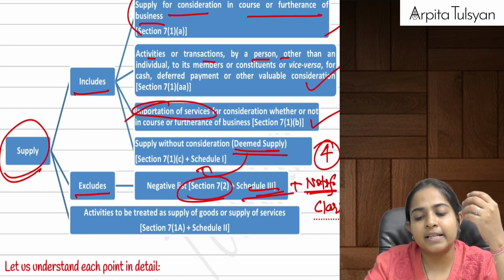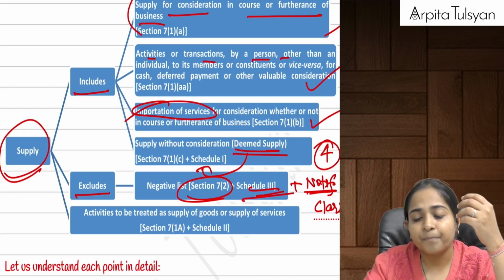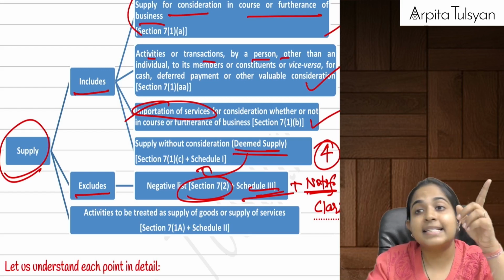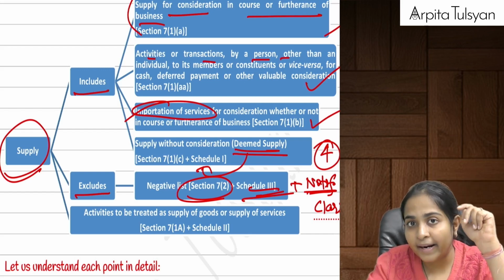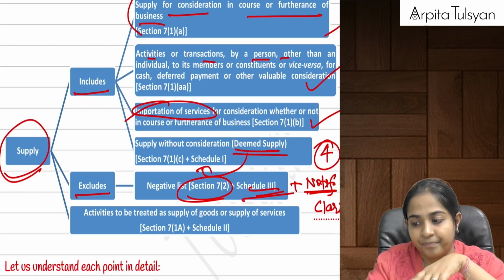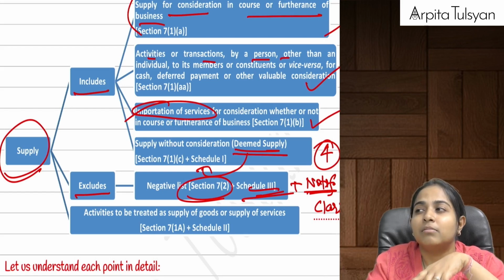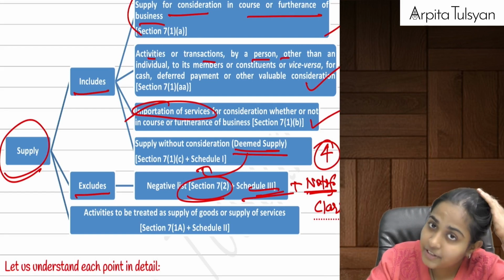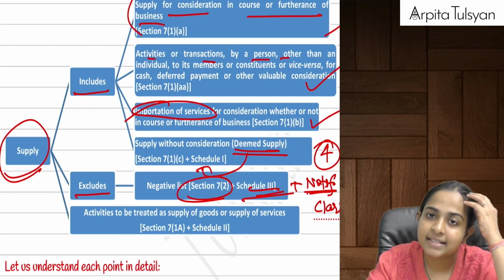Important pointers in that were employer-employee, court, tribunal, then sale of land, barren or developed land, sale of building afterwards. Then the Prime Minister, President, etc., if they are rendering any services, any activities, any transactions, these will not be considered as a supply.